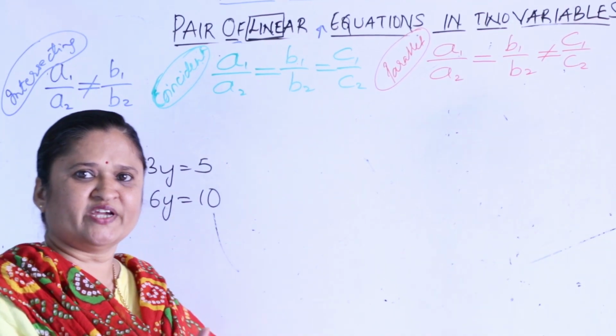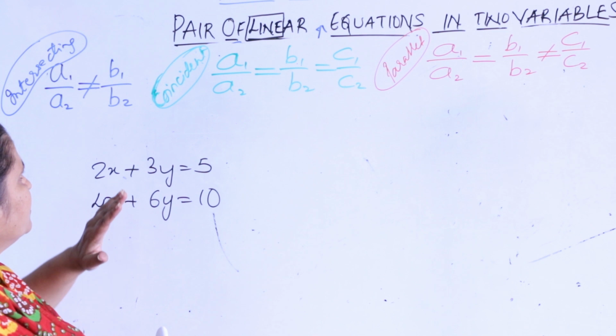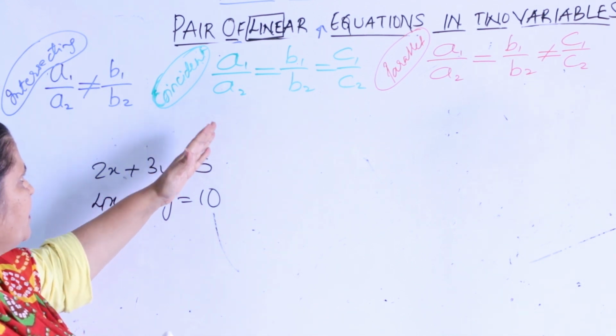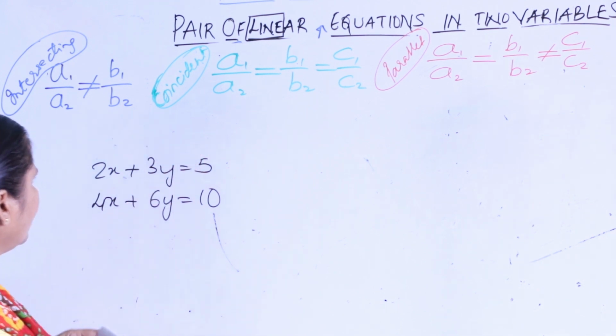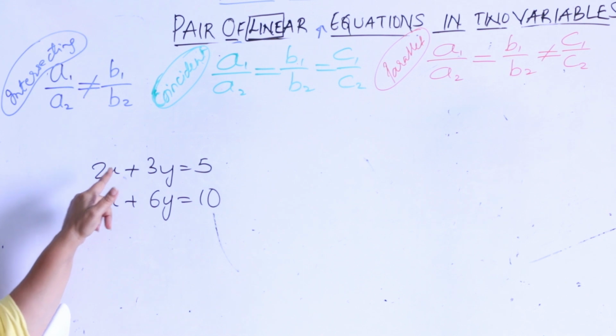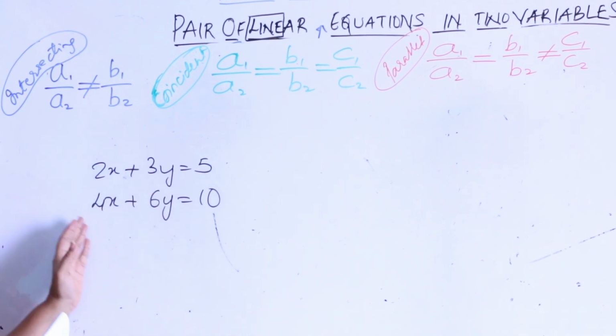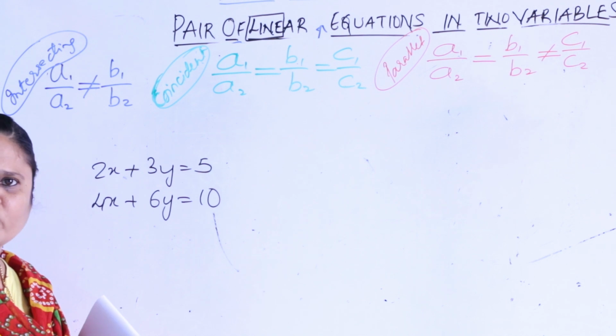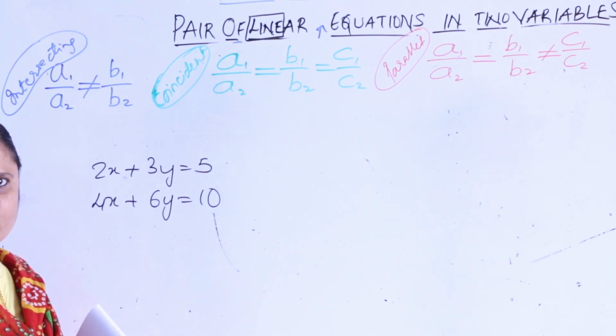Now, let's try to understand the ratios of coefficients and the relationship with some examples. Let us take these two equations: 2x plus 3y is equal to 5, and 4x plus 6y is equal to 10. First, let us change this to standard form. What is our standard form? a1x plus b1y plus c1 equals 0.